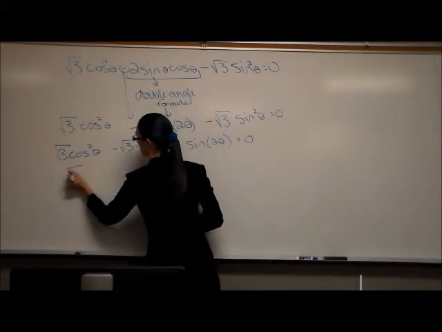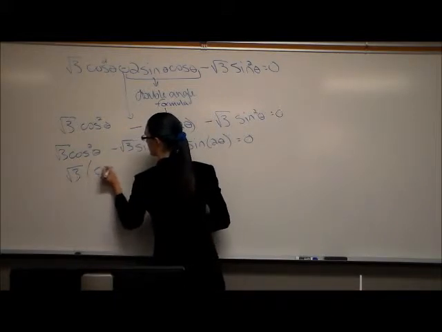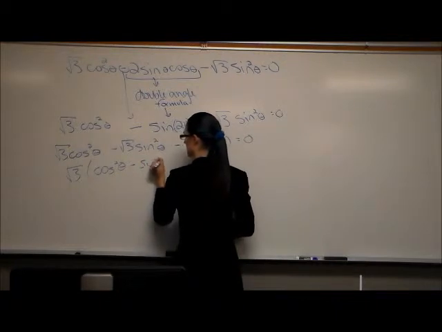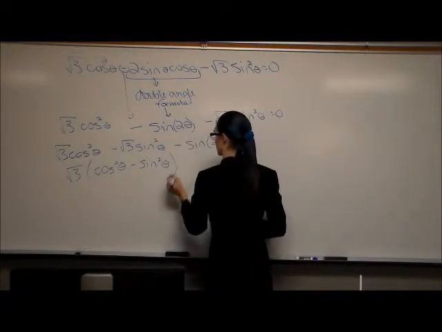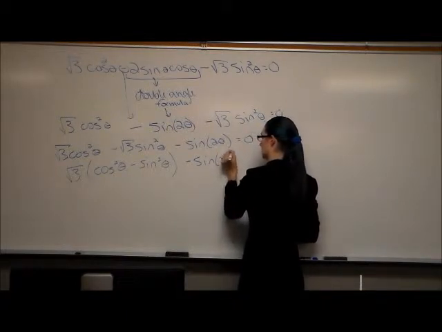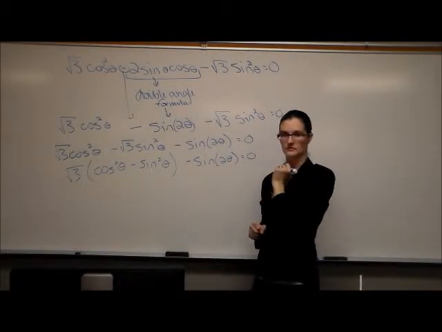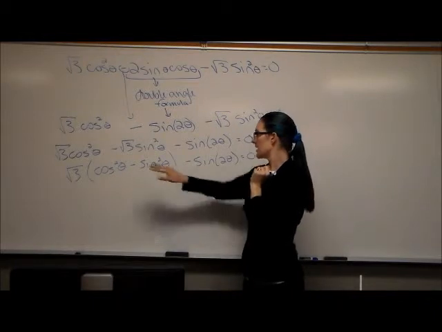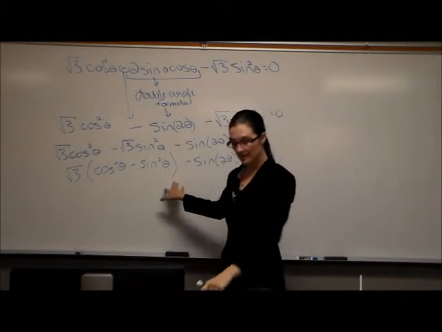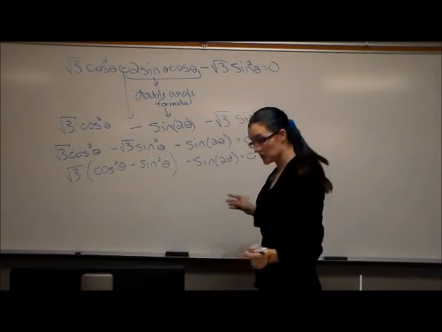These you can factor out your square root of 3, leaving you cosine squared of theta minus sine squared of theta, minus your sine of 2 theta. Okay. Cosine 2 theta minus sine 2 theta is your double angle formula. That takes it to, you have 2 options.